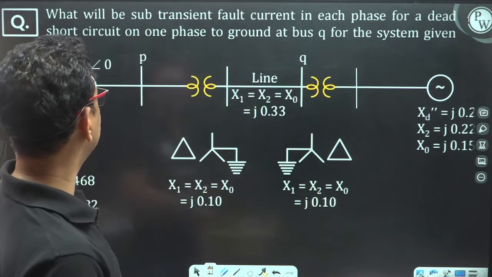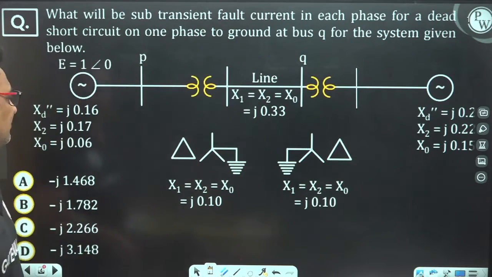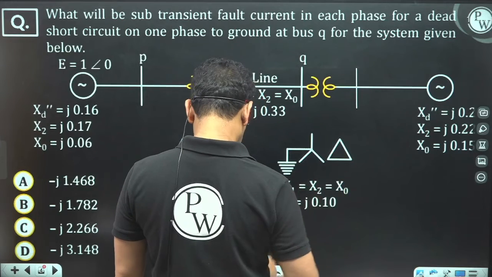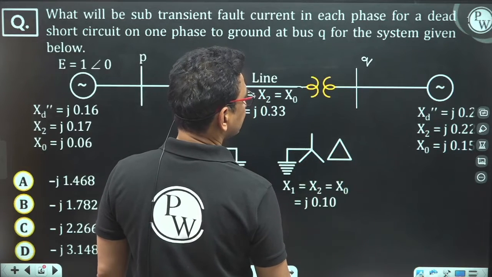Let's take Q bus here only. I will check whether it may be this side or this side. So I'm taking this as the Q bus only.